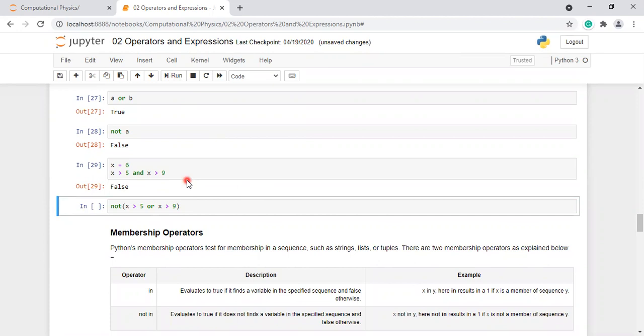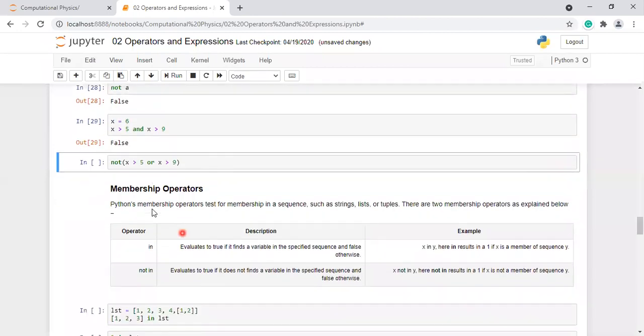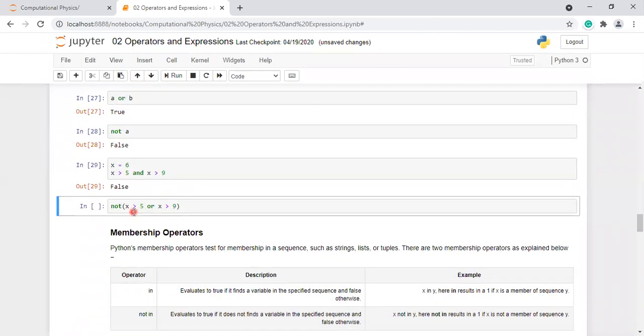Here x greater than 5 is a condition. This is true. x greater than 9 is a condition. This is false. So with true and false, the logical and answer should be false. With or: x greater than 5 is true, x is 6. x greater than 9 is false.